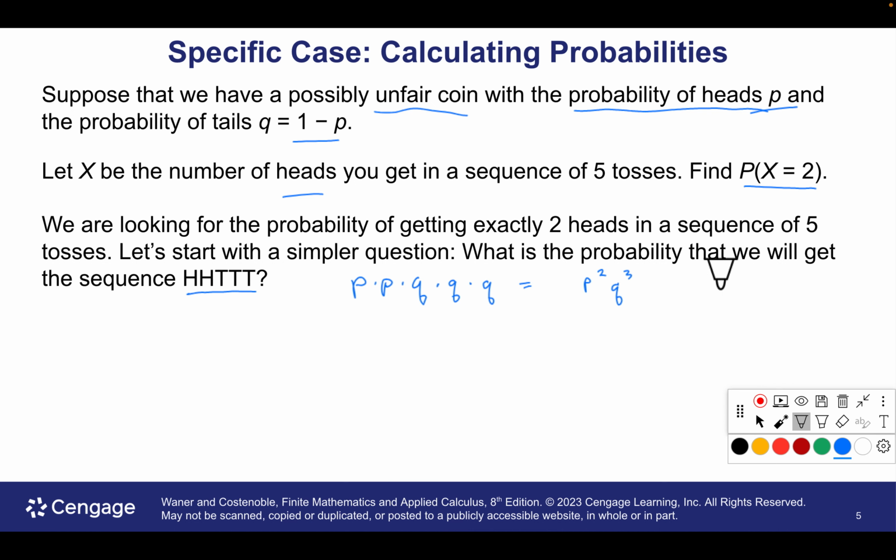Because when we count probabilities, while order wasn't important in what we're looking for, it does say that was one event. So we've got to count all the events where we get 2 heads. That'll be the next step. But this would basically just give us the probability of that one outcome, heads, heads, tails, tails, tails. Does that make sense? Does that seem reasonable? Maybe. Okay, we'll keep going.